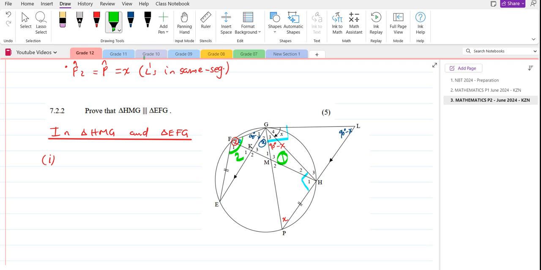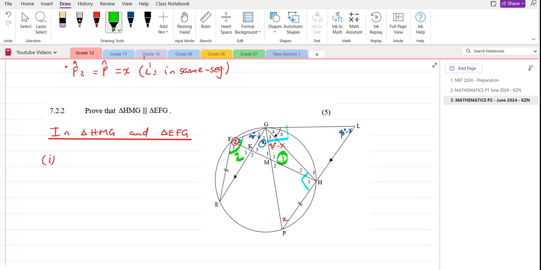So obviously that makes sense now, because now we want angle H2 and we need to have three angles. Okay, HMG and EFG.